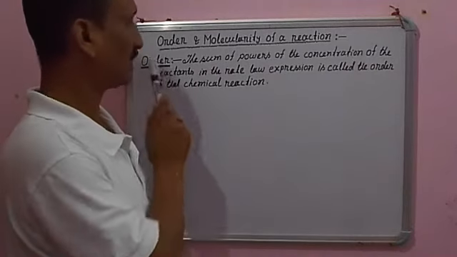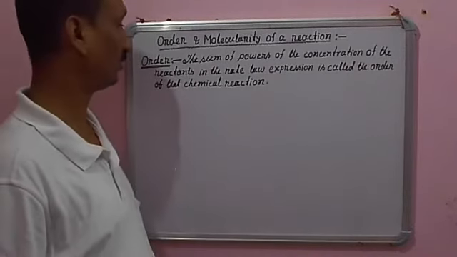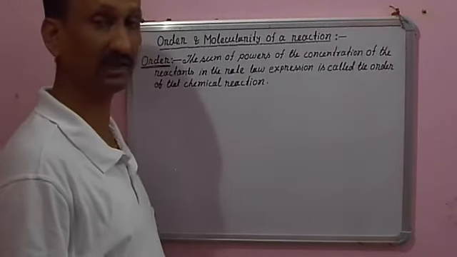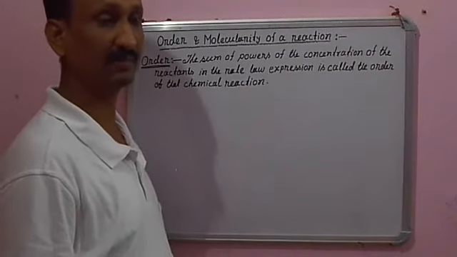To know the order, we must know the rate law, and already we have discussed the rate law expression. And rate law is obtained from the experimental analysis.